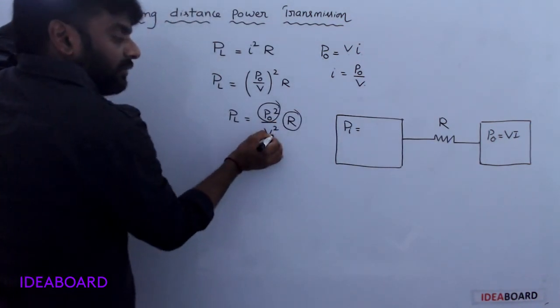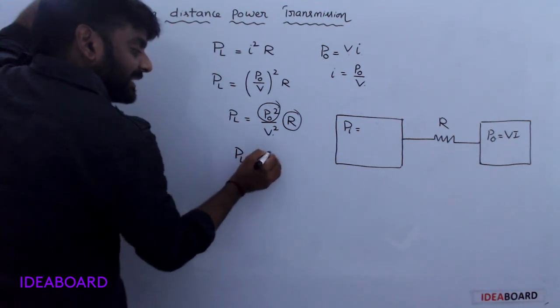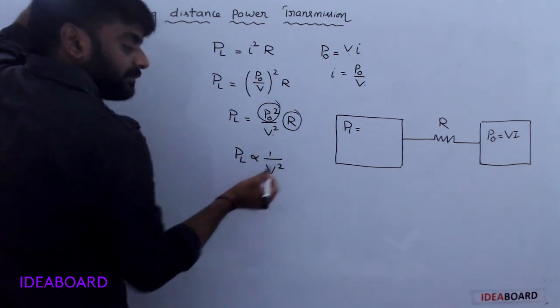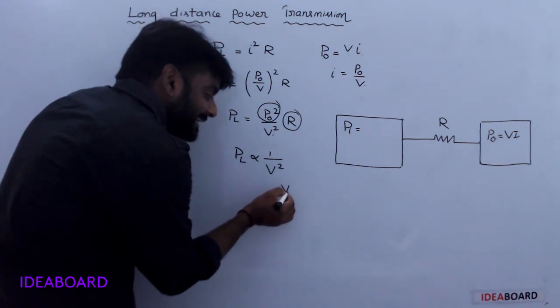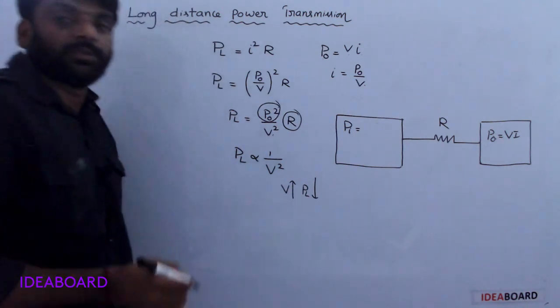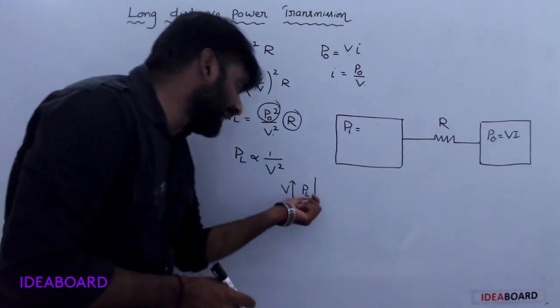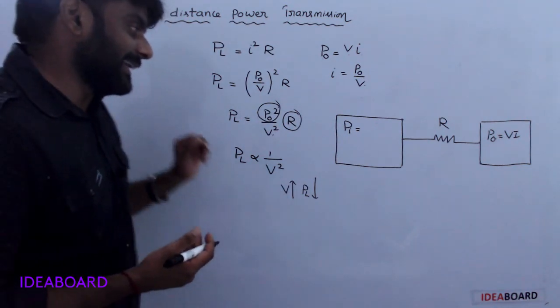What is the variable quantity here? Voltage. That means P L is inversely proportional to V square. If the voltage is increased, the loss of power decreases.